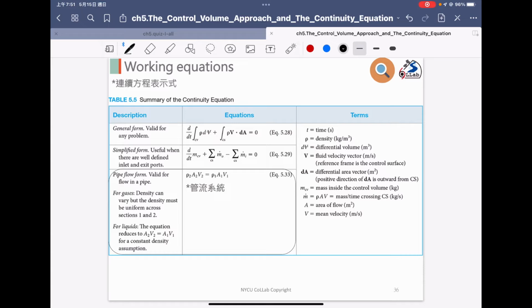So in the following exercise, we will introduce how to apply continuity in a pipe flow system.